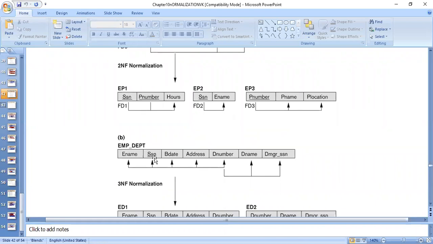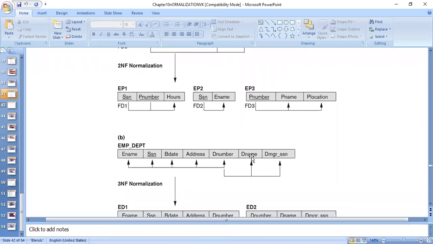If you take department number, it is the department number of that employee. That means the employee works for that particular department. Still there is a direct dependency. Now let us look at department name. We already have department number as a foreign key, isn't it? Once SSN is associated with a particular department number, we can automatically identify the department name.